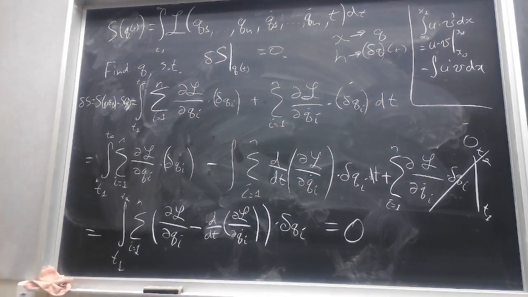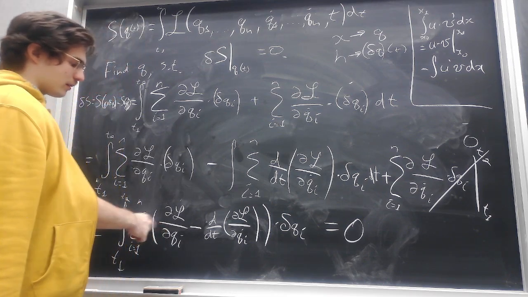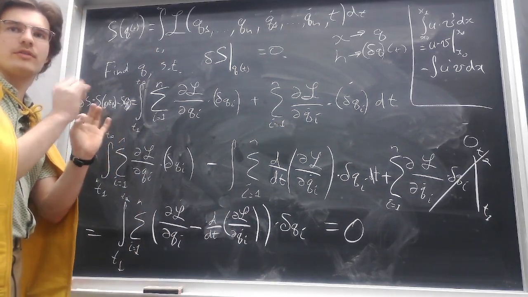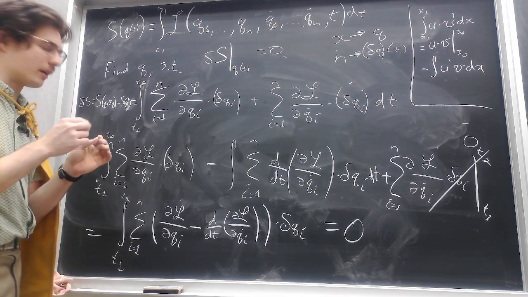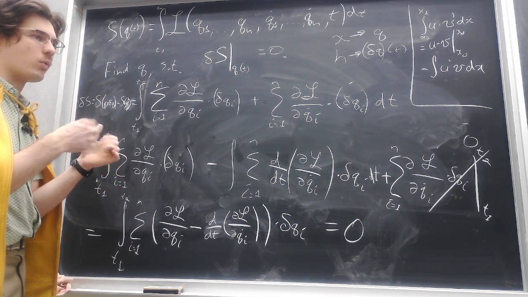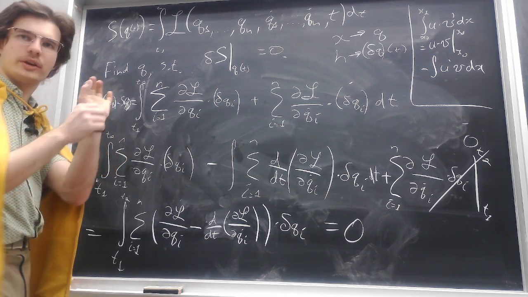Why is that the case? Suppose that I had a Q such that this expression was not 0 for, like, one point in time.